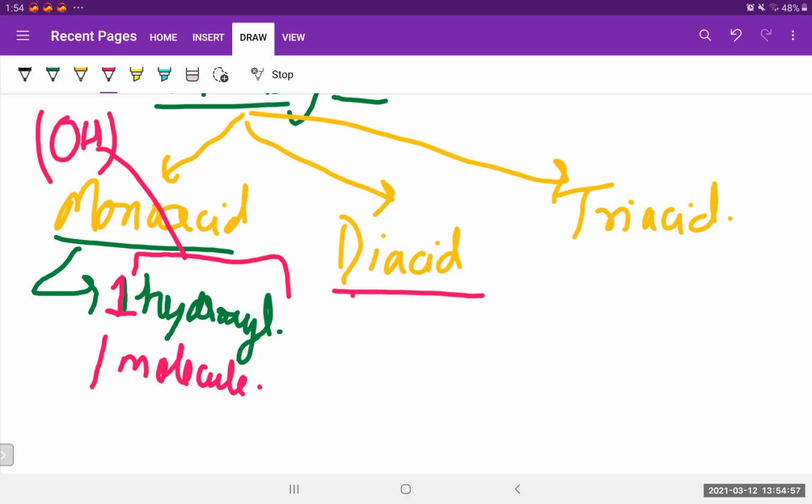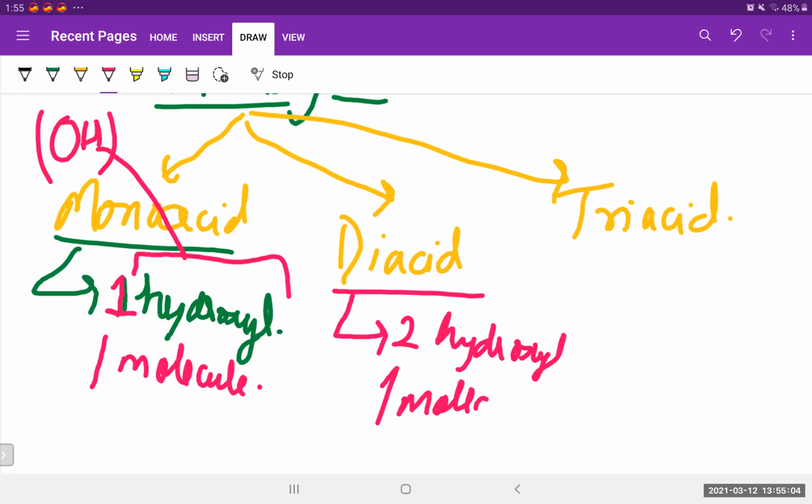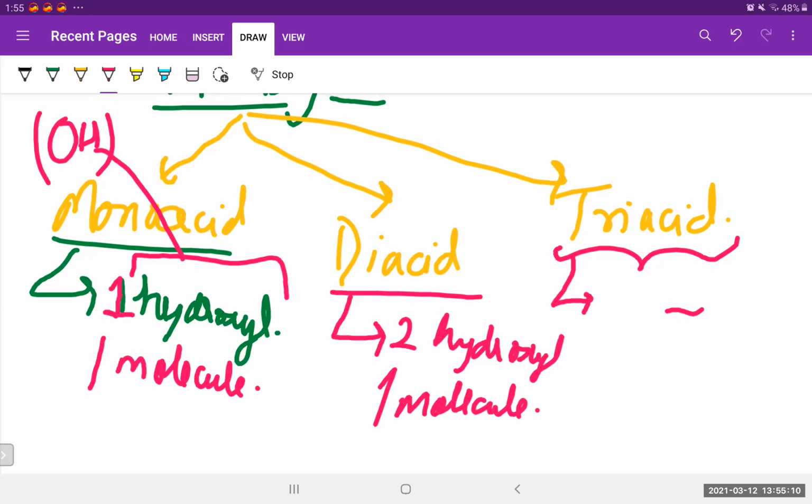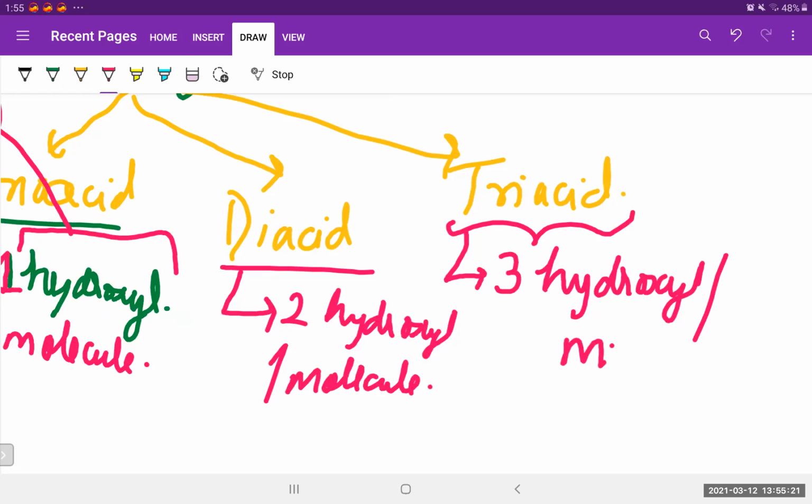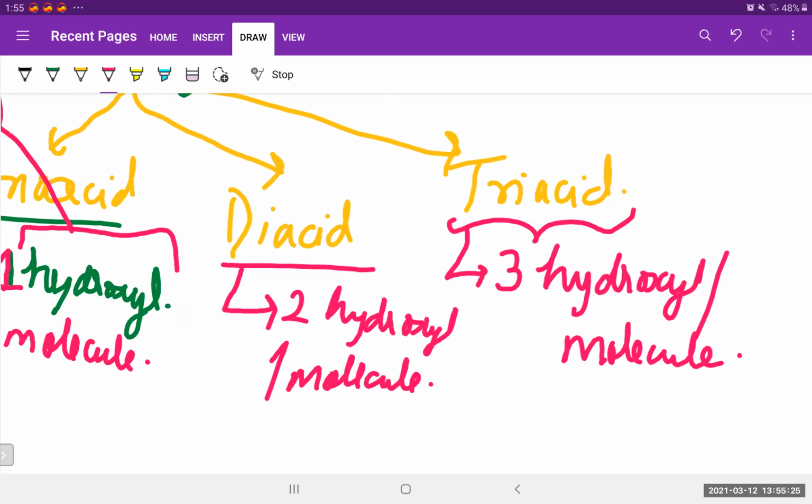In a diacid, we are having two hydroxyl per molecule. And in a triacid, we are having three hydroxyl per molecule. I'm sorry if I said dibasic previously. Is it clear? I hope that it's clear.